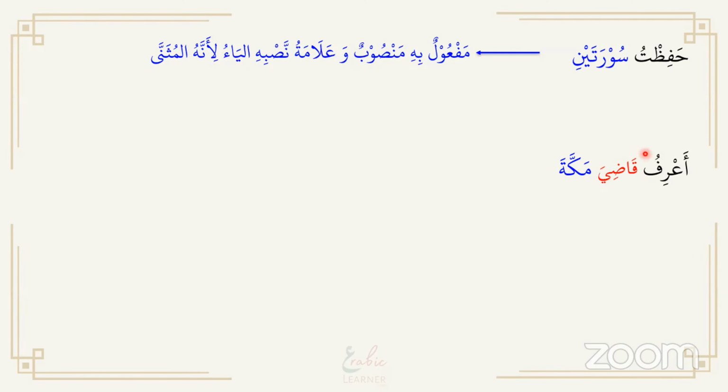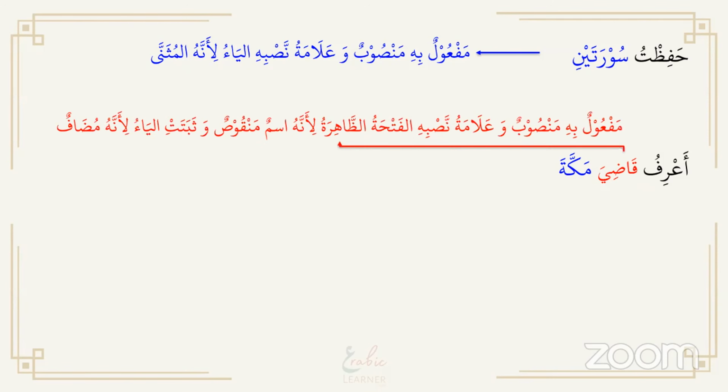So though there is no al to that, still you will show that ya is there because it is coming as mudaf here. Qadiya Makkata. How will you describe qadiya here? Maf'ulun bihi mansubun wa alamatun nasbihi al-fathatu zahiratu, li'annahu ismun manqusun.